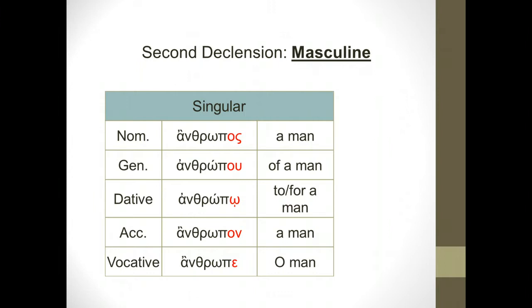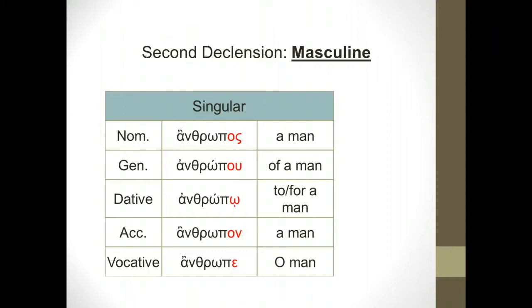Look at the nominative, the genitive, the dative, the accusative, and the vocative. That's on the left-hand corner. Down the center, you can see the various endings that will change the noun. And then in the far right-hand corner, you can see the translation. So if I have the word anthropos, which is the way that you learned it in your vocabulary as a masculine noun, then just as it appears, anthropos, it's simply man or a man.